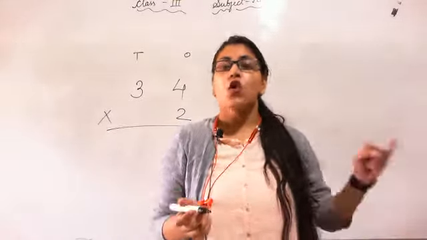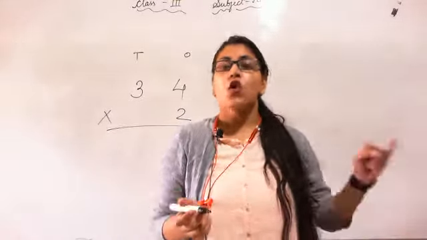So ones, then tens, and then hundreds. Be remember, first of all we'll multiply the number with ones, then we'll multiply the number with tens, and then if hundreds is also there, then we'll multiply with hundreds. Okay, so let's multiply with ones first.